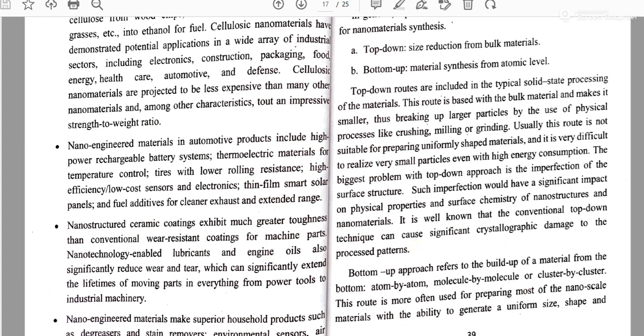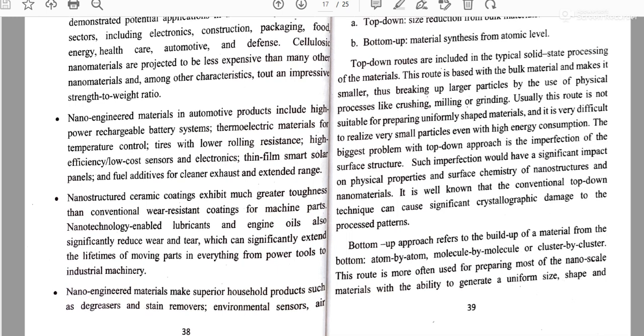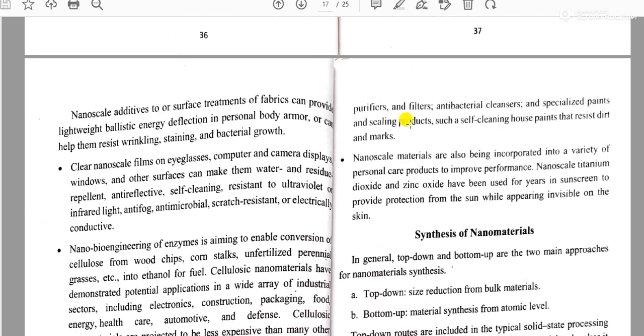Then nano engineered materials make superior household products such as degreasers and stain removers, then environmental sensors, air purifiers and filters, antibacterial cleansers, and specialized paints and sealing products such as self-cleaning house paints that resist dirt and marks. So all these are some other applications of these nanomaterials.